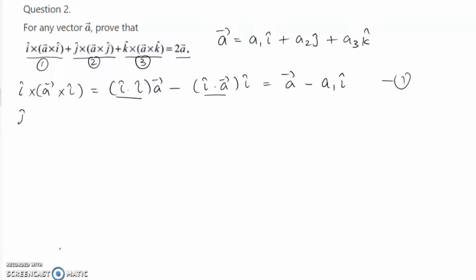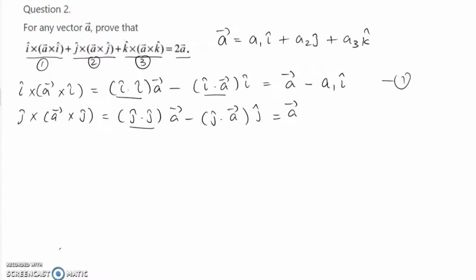So let's go to the second one now. j cap cross vector A cross j cap can be written as j cap dot j cap, vector A, minus j cap dot vector A, j cap. So that will be equal to j cap dot j cap becomes 1. So vector A minus j cap dot vector A will be A2 j cap.